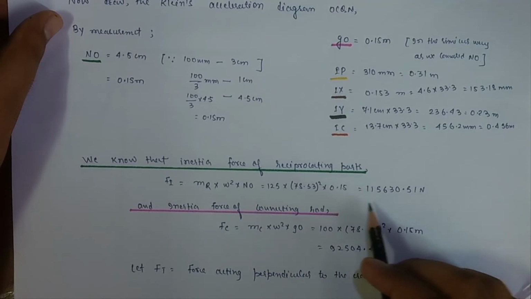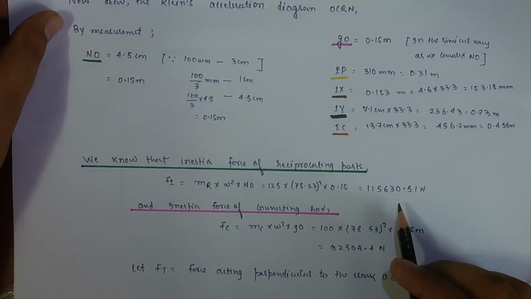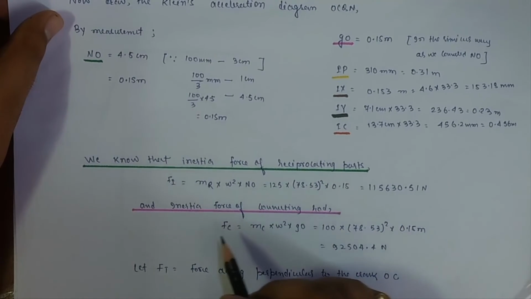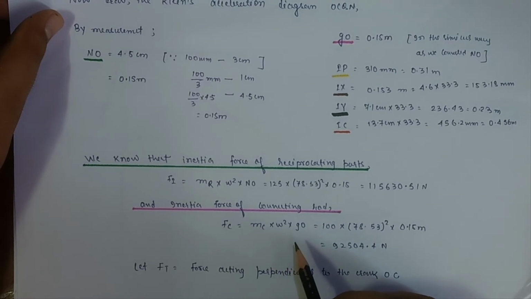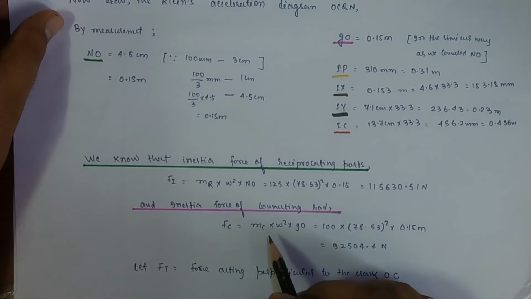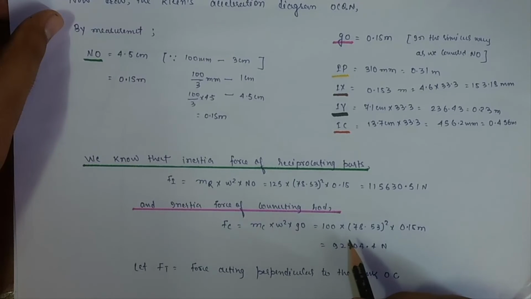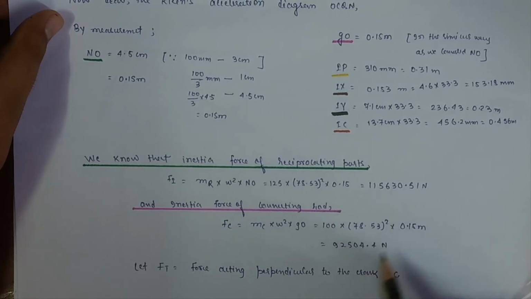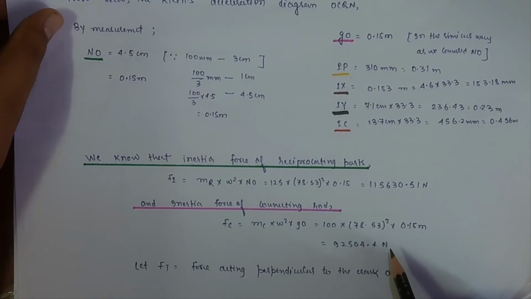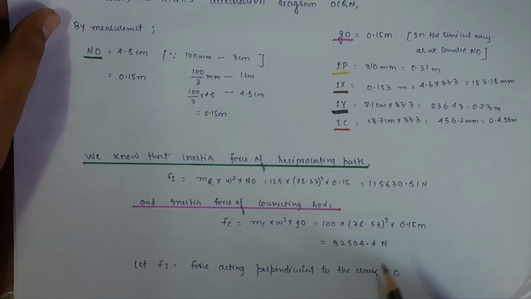So it will come out to be 115630.51 Newton. And inertia force of connecting rod Fc is equal to mc into omega square into GO. As you know, mass of connecting rod is 100 kg into omega 78.53 and we know the value of GO 0.15 meter. We will get 92504.4 Newton as the inertia force due to connecting rod.